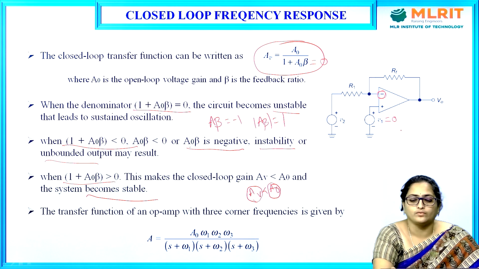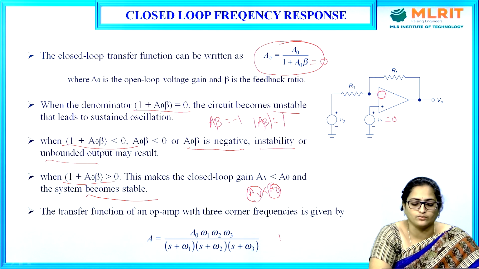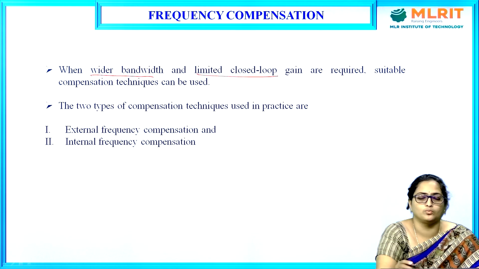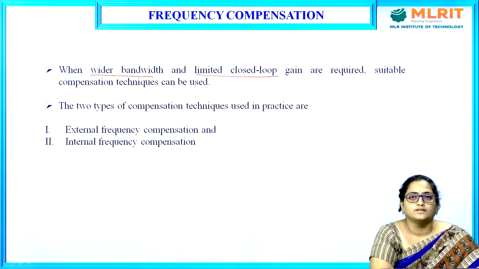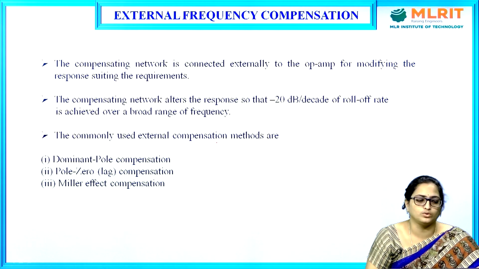The transfer function at 3 different frequencies is given as A is equal to A naught omega 1 omega 2 omega 3 by S plus omega 1 into S plus omega 2 into S plus omega 3, where omega is equal to 2 pi F. When wider bandwidth and limited closed loop gains are required, suitable compensation techniques can be used. There are two compensation networks, external compensation network and internal compensation network.